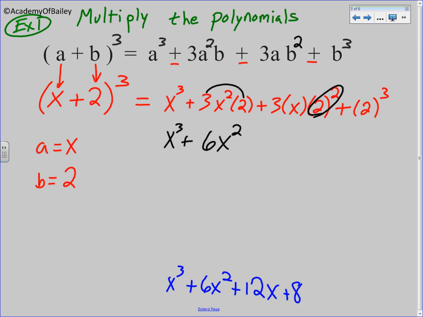This right here is going to be 4, and then 3 times 4 is 12, and 2 cubed is 8. And you notice how they match up? I believe using the pattern saved us a little bit of time. And in this case, time is something that you can never get back, so it's nice to save yourself some time.